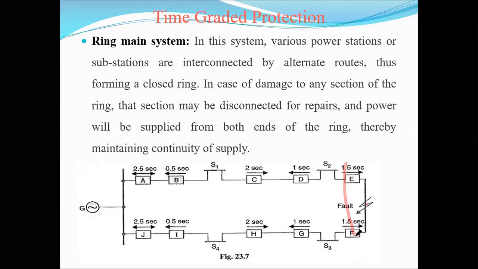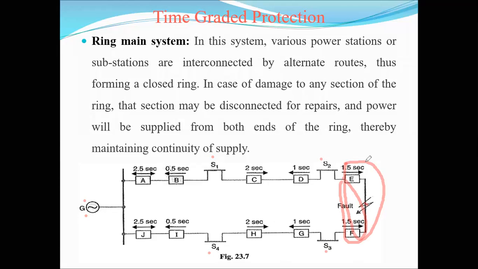This total feeder line is disconnected from the supply system. Only the supply passes from point G, to S1, S2 in one direction, and in the other direction from G, to S4, then S3. These are the two directions when the fault is obtained at this point.